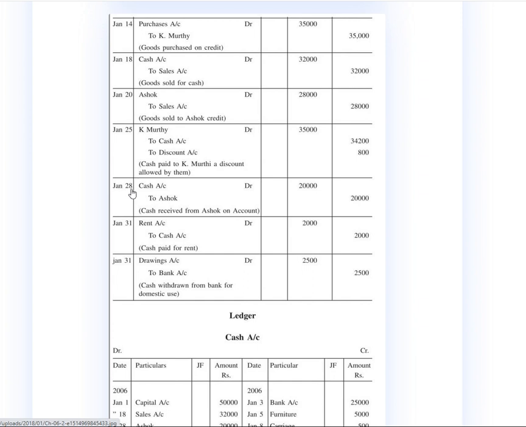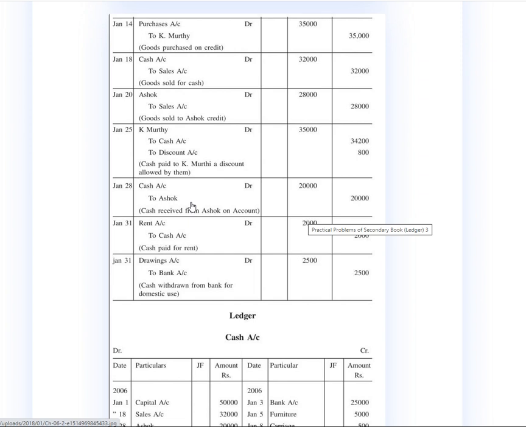So here you can see on January 28th, cash account, cash is coming to our hand, it is increasing. Asset is increasing in our hand, hence we have debited that. Ashok was a debtor to us. Now debtor is a current asset.